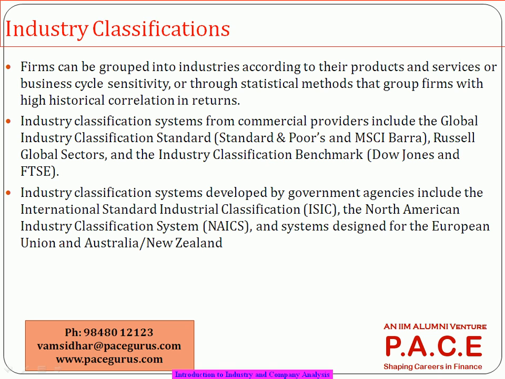So you can create your own definitions of industry, either on the basis of products and services or on the basis of business cycle sensitivities. Some industries fluctuate very heavily with the business cycle. For example, an industry like real estate, right?